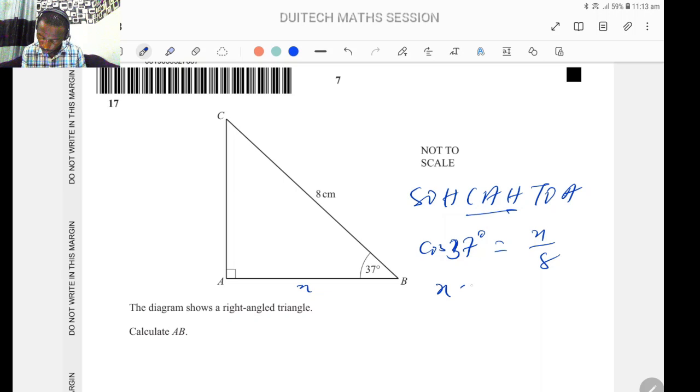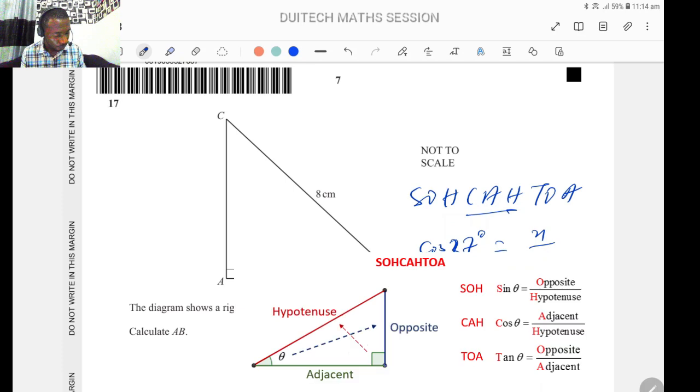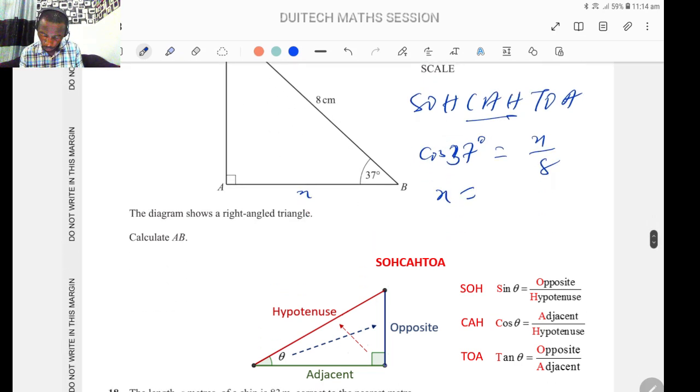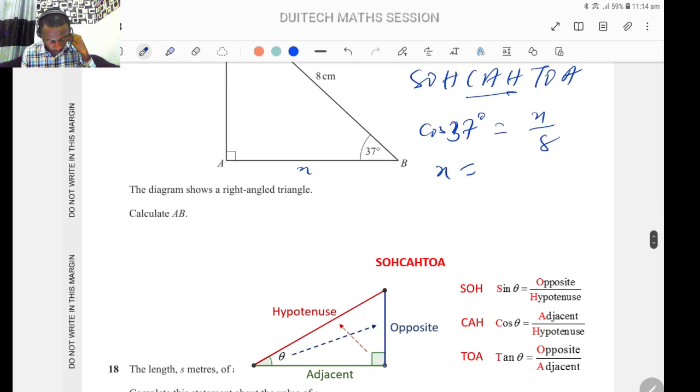So our x becomes 8 cos 37, times 8. That will give us 6.3, right? So our AB will be around 6.3, which we will approximate to 6.